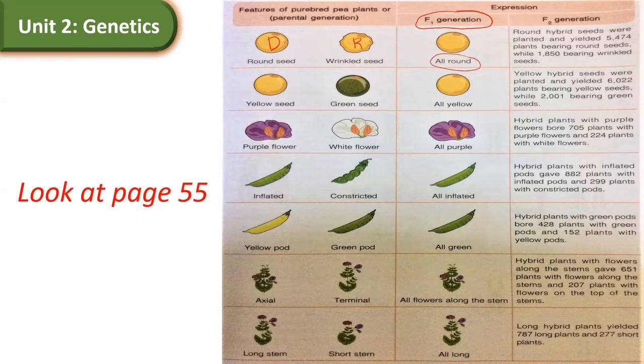So you can see here is the dominant trait, but inside this round seed, you have here the trait from your wrinkled seed, wherein the trait of your wrinkled seed can be seen in your second generation.